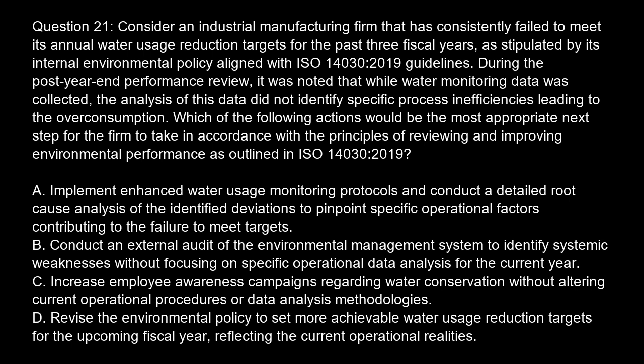Option C. Increase employee awareness campaigns regarding water conservation without altering current operational procedures or data analysis methodologies. Option D. Revise the environmental policy to set more achievable water usage reduction targets for the upcoming fiscal year, reflecting the current operational realities.